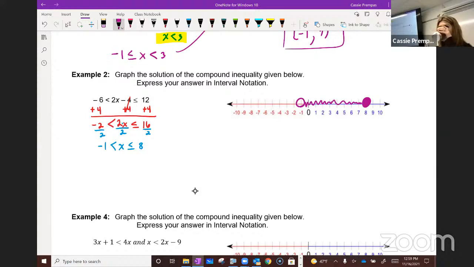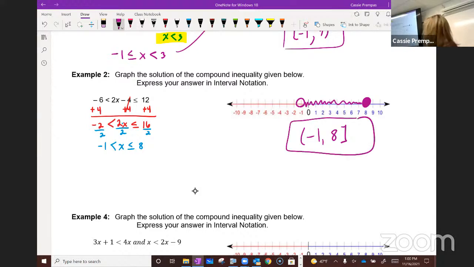So the first one would be -1, parentheses, and then 8. All right, guys, go ahead and take a look. You should have parentheses -1, 8 with a bracket.